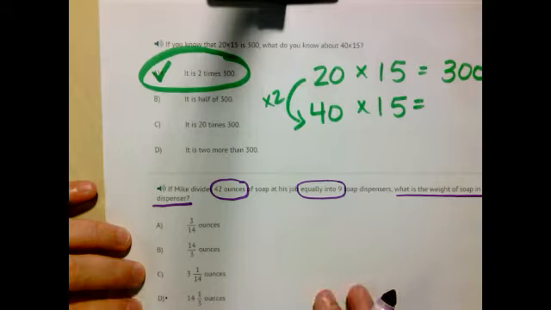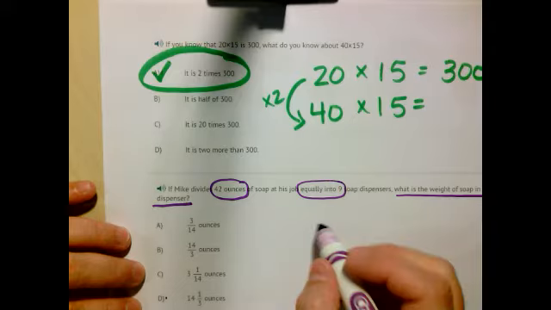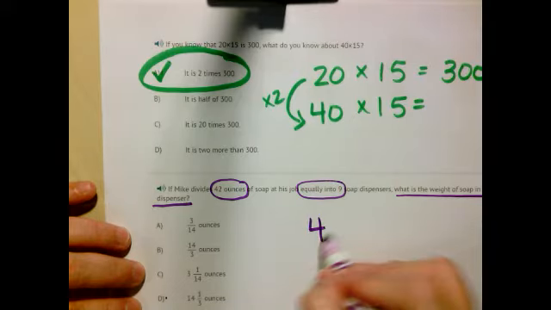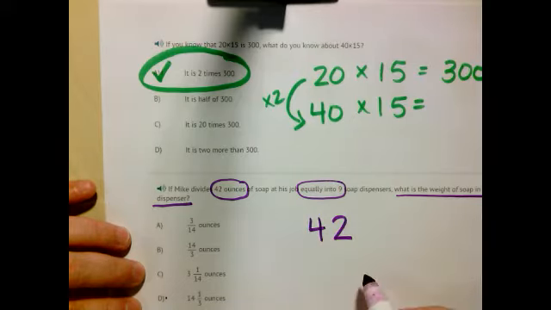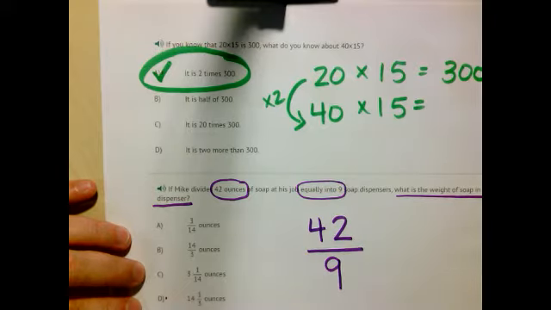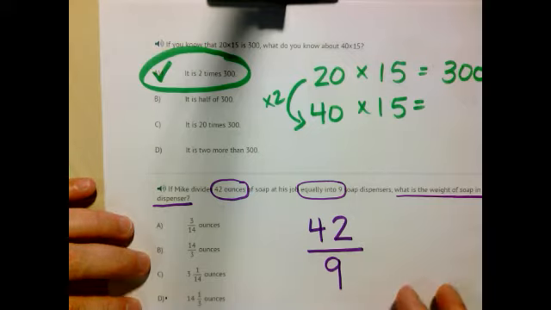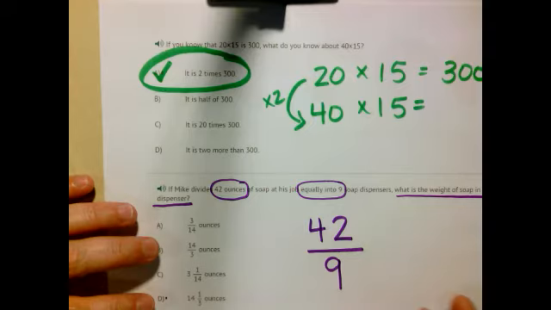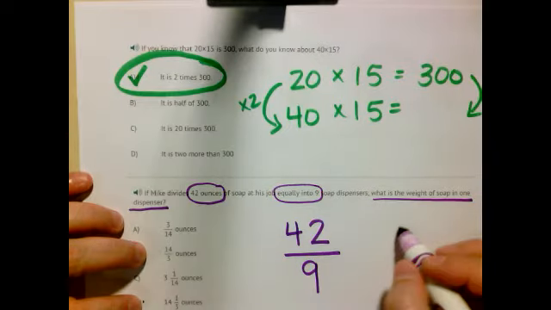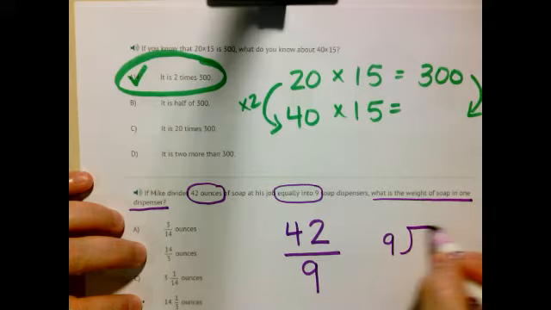So what that tells me is that I have 42 ounces of soap and I am splitting it into 9 different things. So I made an improper fraction here, so let's use just the standard algorithm method to get this into a mixed number.